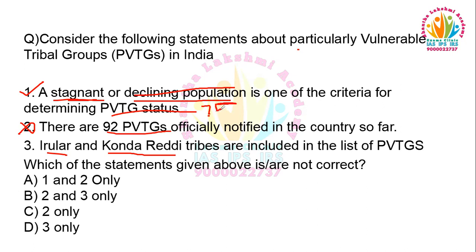So 75 PVTGs are officially notified in the country so far. Coming to the third statement, Irular and Kondareddy tribes are included in the list of PVTGs. Yes, the Irular tribes from Tamil Nadu and the Kondareddy tribes from Telangana are included in PVTGs. Which of the statements given above is or are not correct? The second statement is incorrect, so option C is the right answer.